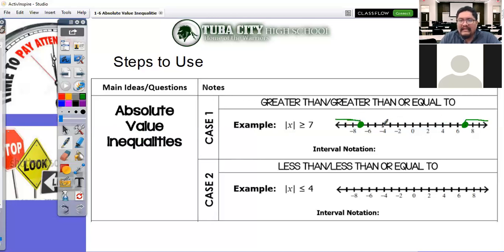And if I pick a number like negative 4 and plug it in for x, just to make sure these arrows are pointing in the right direction, negative 4 will become positive 4, and I get 4 is greater than 7, which is false. So nothing in here should be a solution. And that's how you would graph this one here.